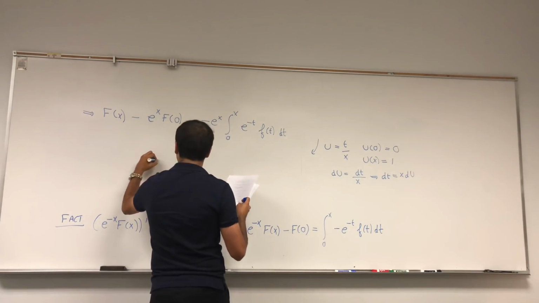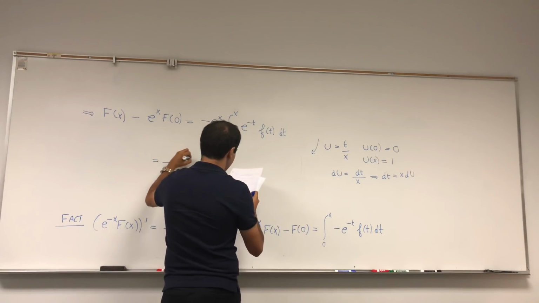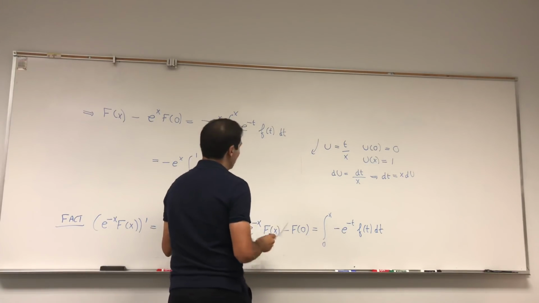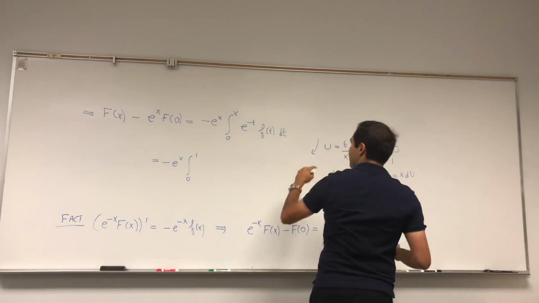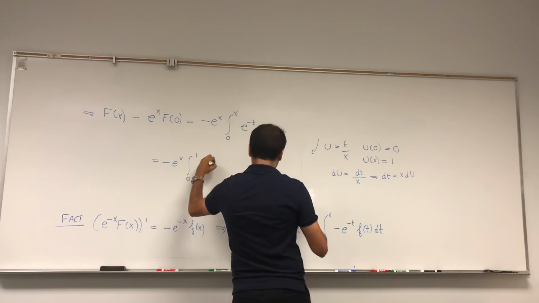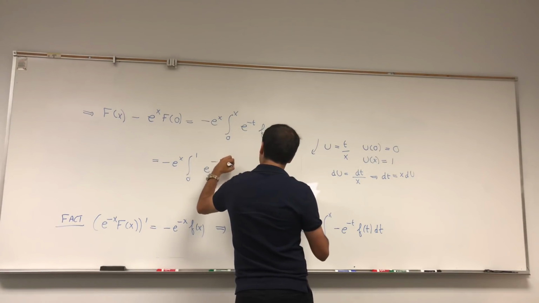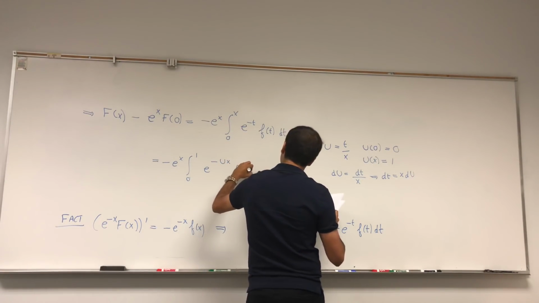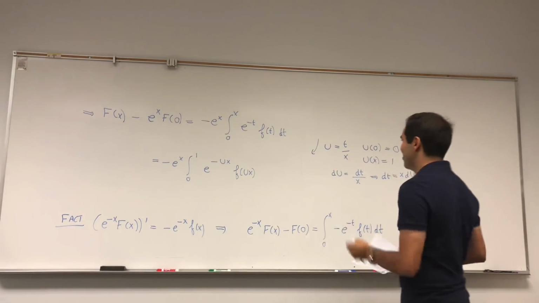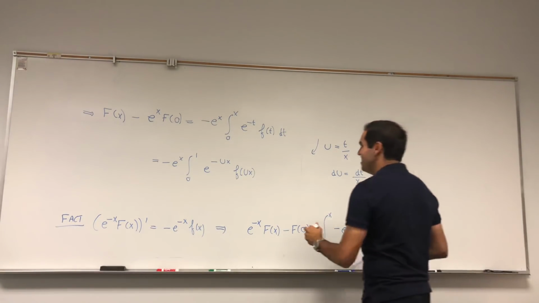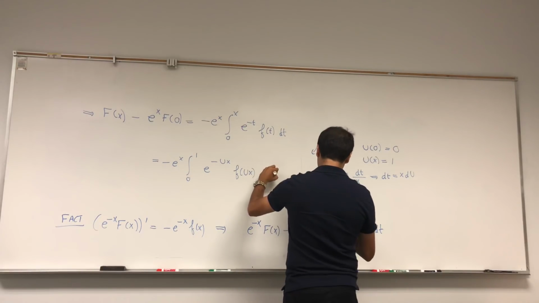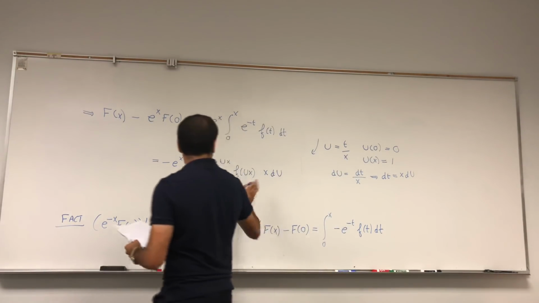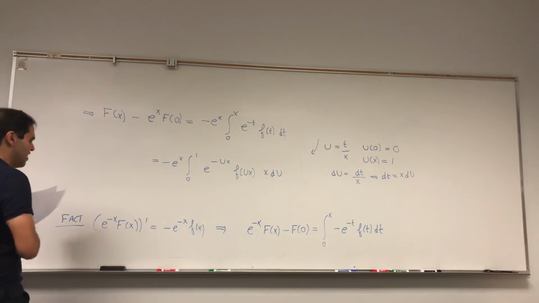And so what we're left with is minus e^x, integral from 0 to 1. So t becomes xu. So e^{-ux} f(ux), and then dt is x du. It's great because this x comes out.